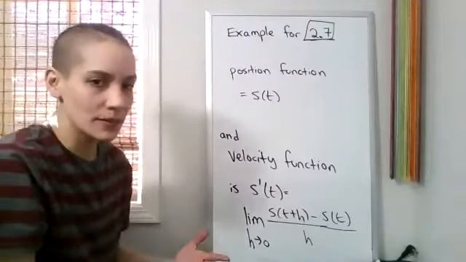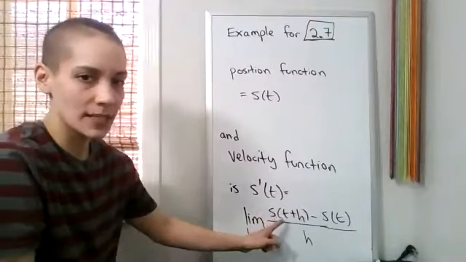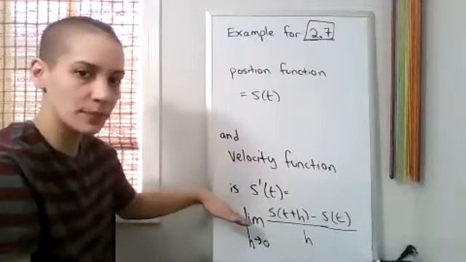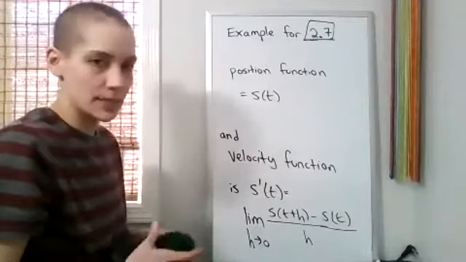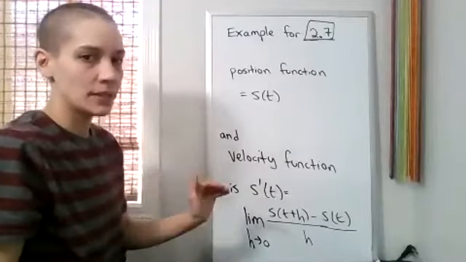Okay, I was being a little confusing with leaving the t in here instead of the specific value of t. So I'm going to focus on that today. So we're going to have a position function and a certain value of t.